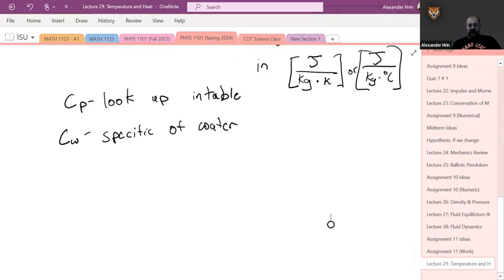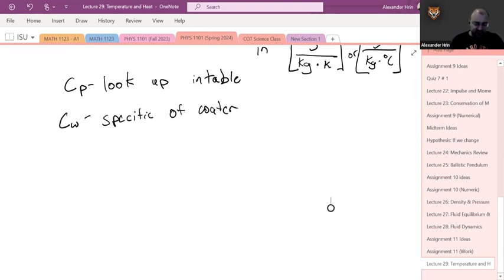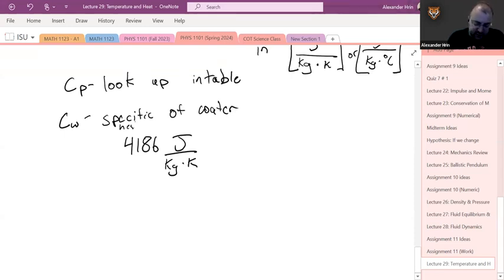The idea here is that this is 4,186 joules per kilogram Kelvin. Okay, that should have said specific heat of water, but okay.